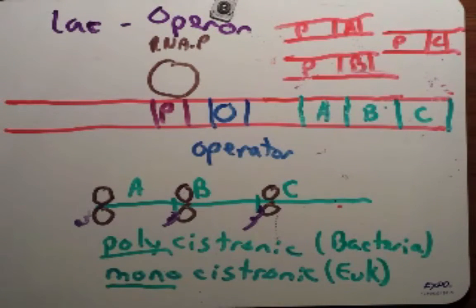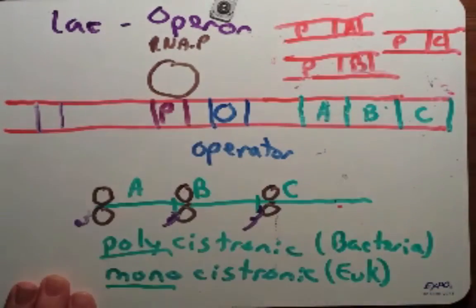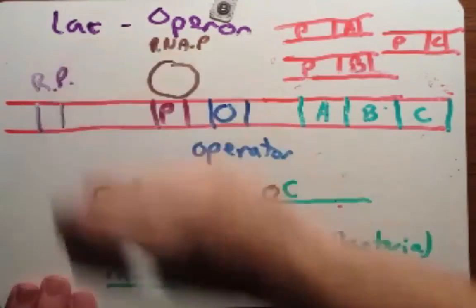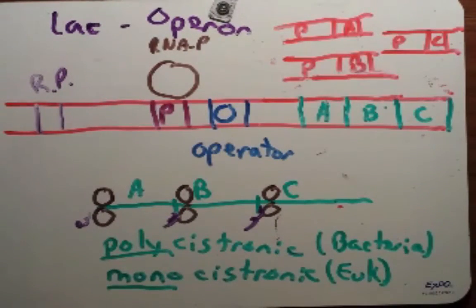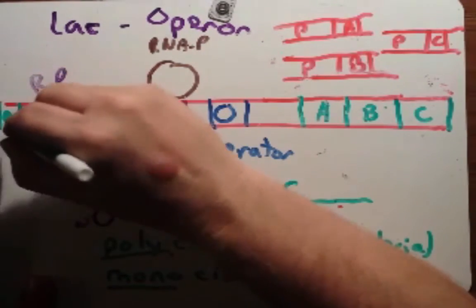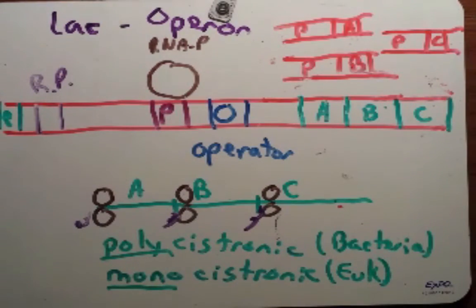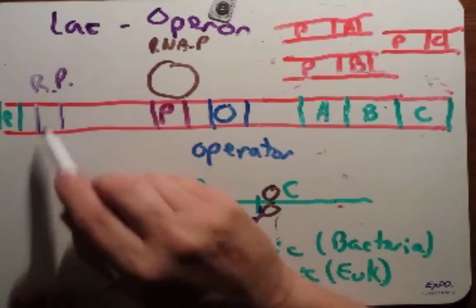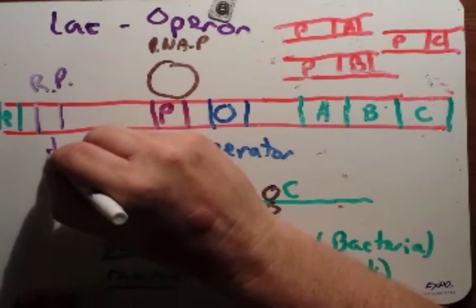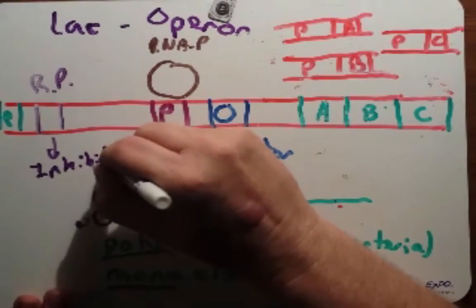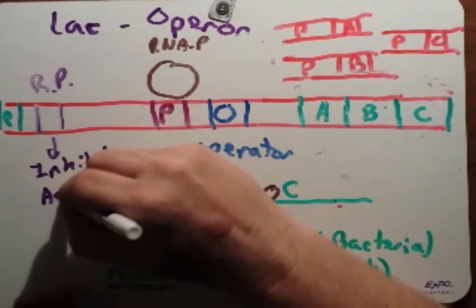The last thing I want to say about this operon is that there's a regulatory protein down here. It could be an activator or it could be an inhibitor, but it is regulated by its own promoter. In this case, it's going to make a monocistronic RNA. So this regulatory protein gene here will make a protein, again either an inhibitor or an activator.